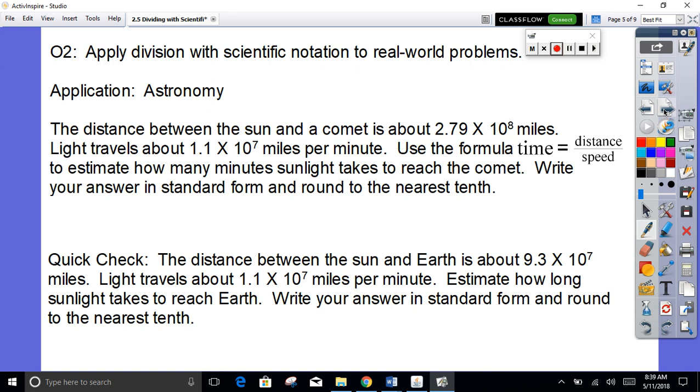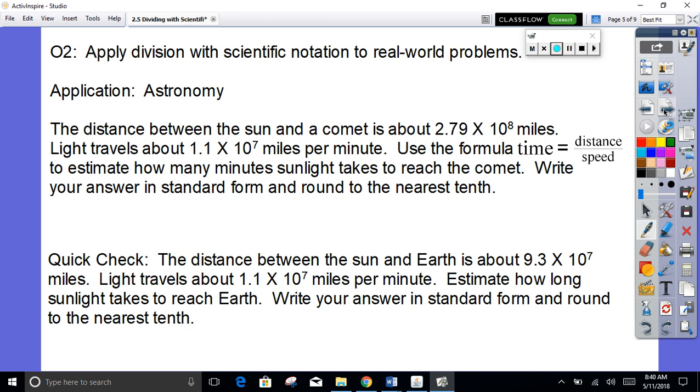Write your answer in standard form and round to the nearest tenth. So they're not asking for scientific notation, but standard form. You'll do your work using scientific notation, because that is easier than converting to standard form with all those zeros, and then at the end you'll convert it to standard form.